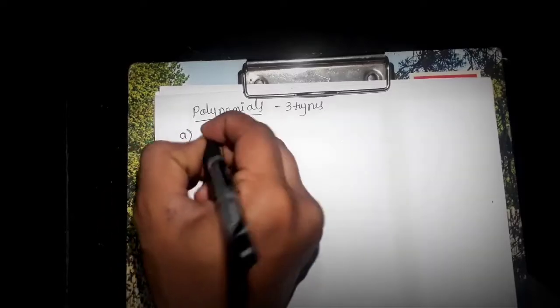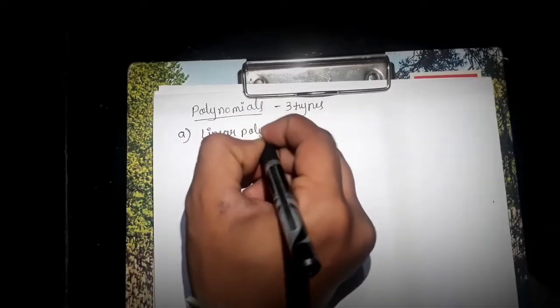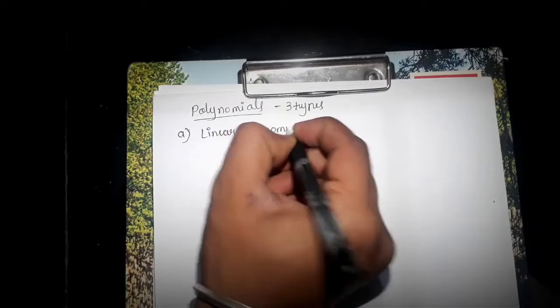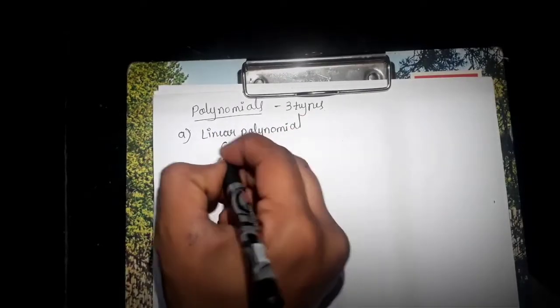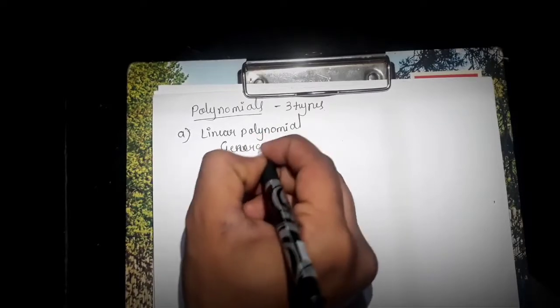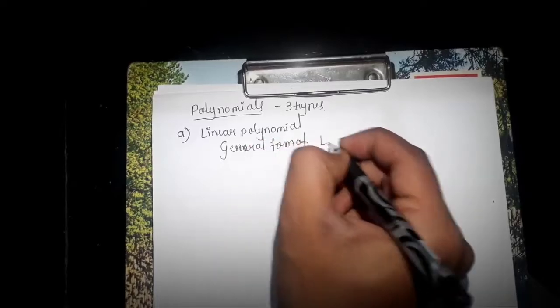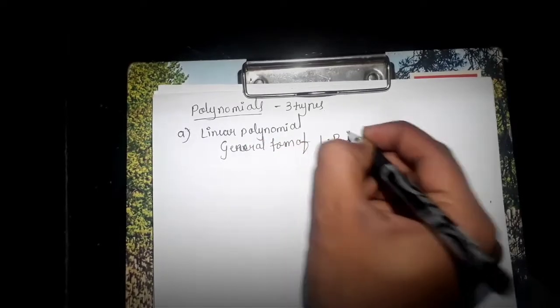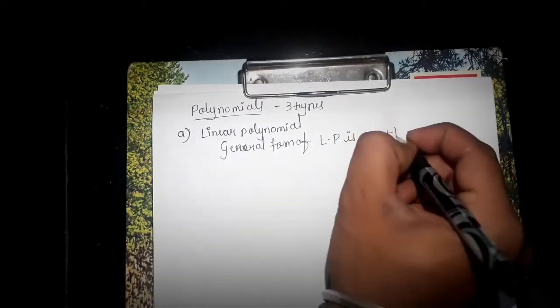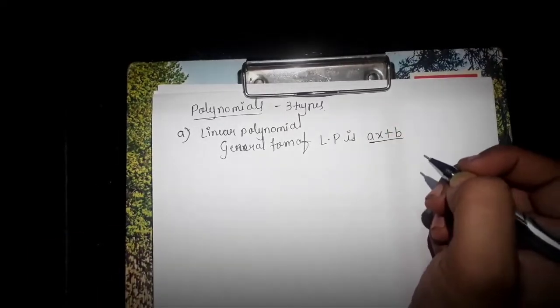First one is linear polynomial. General form of linear polynomial is ax plus b.